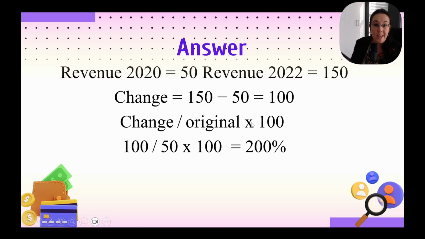This you could use for any type of question where you want to work out a percentage change. In this case, I have 100 divided by 50 times 100, and that gives me 200%, because the difference was 100, and I put the 100 over the original value, which was this 50 million in revenue, and voila, I get 200%.